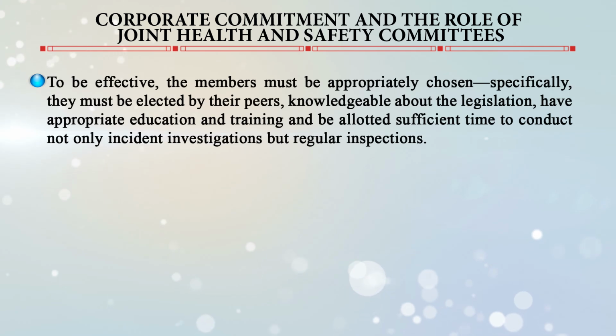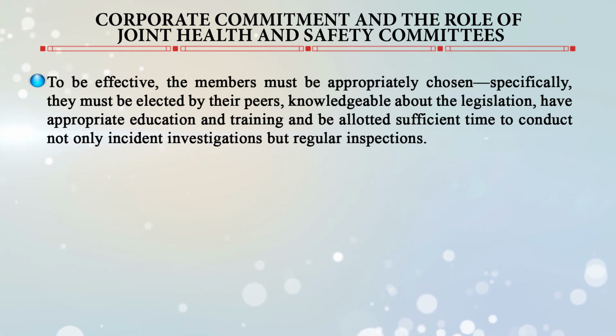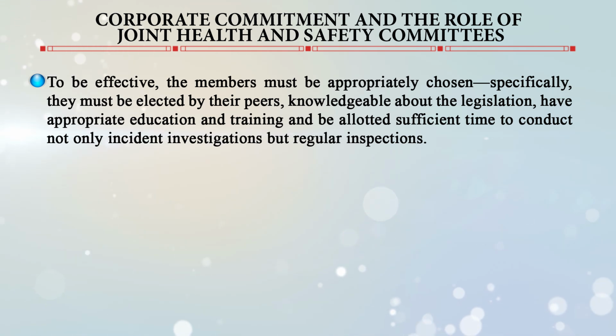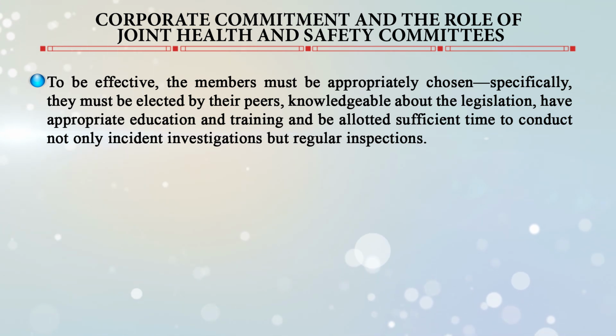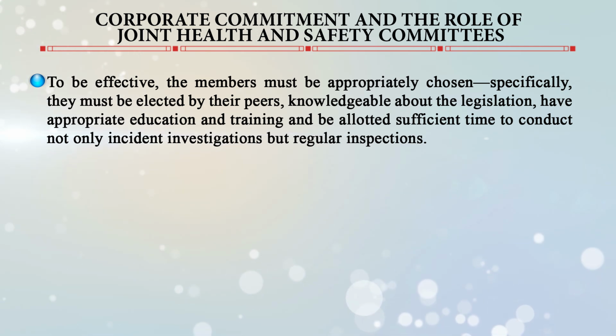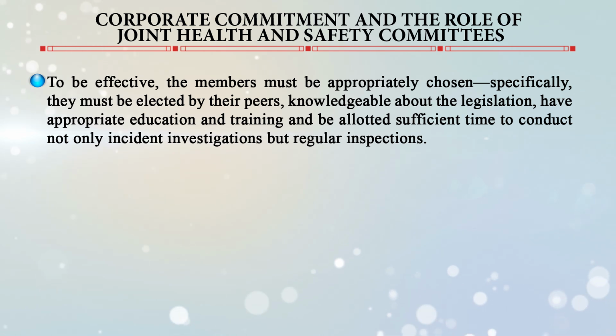To be effective, the members must be appropriately chosen. Specifically, they must be elected by their peers, be knowledgeable about the legislation, have appropriate education and training, and be allotted sufficient time to conduct not only incident investigations but also regular inspections.